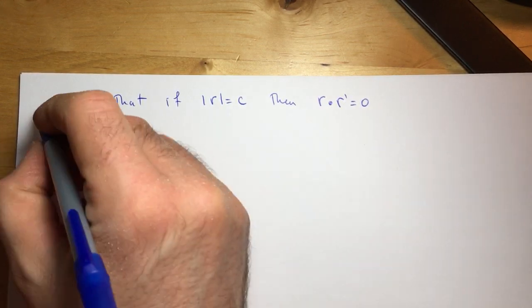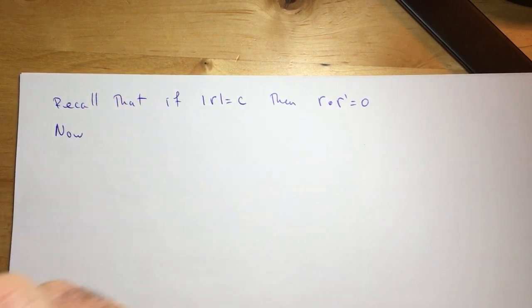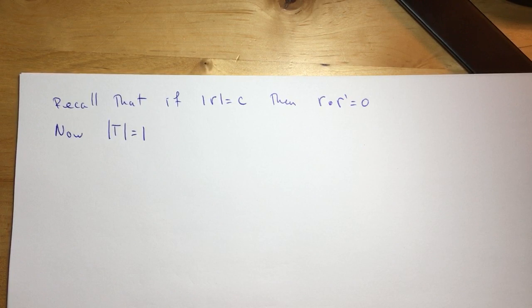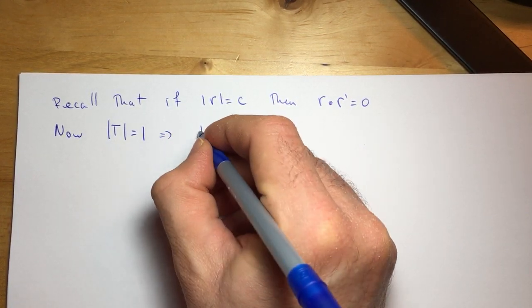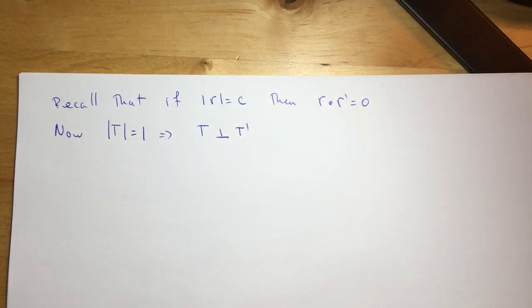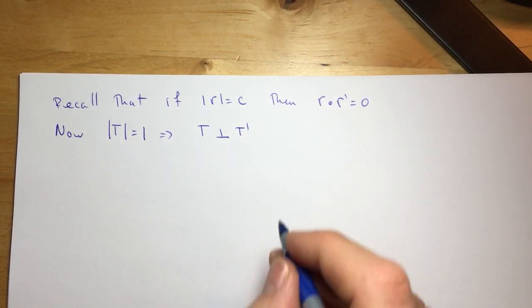Now the magnitude of the unit tangent vector is a constant, it's 1, which implies that the unit tangent vector is orthogonal to its derivative.